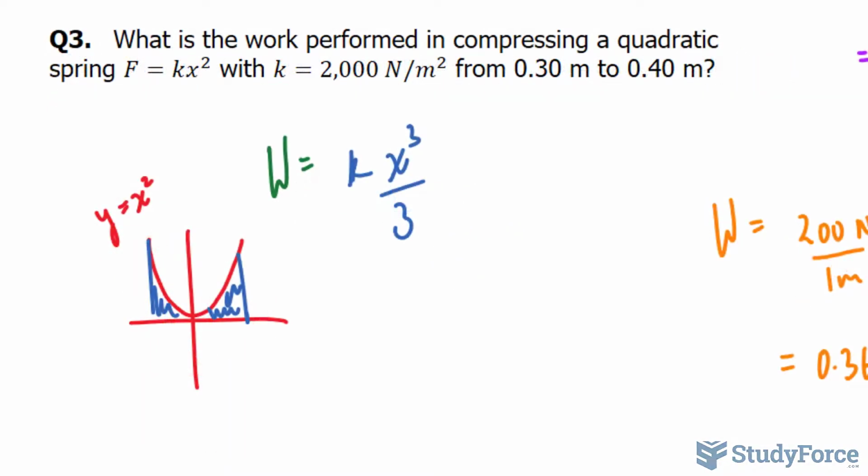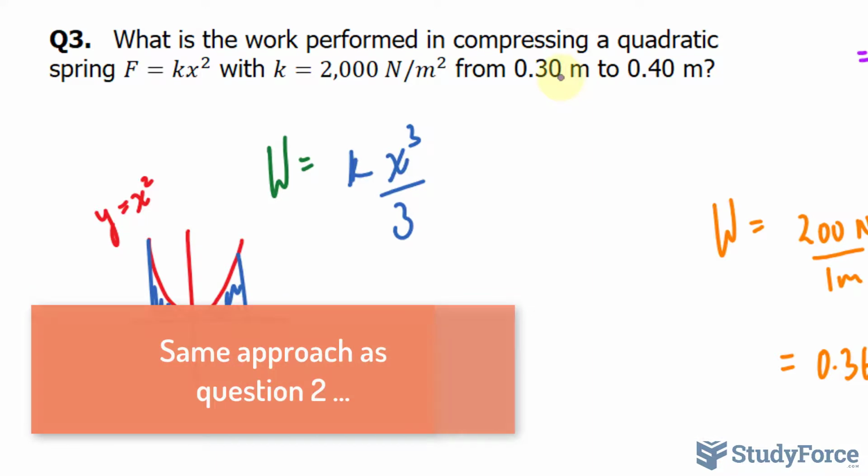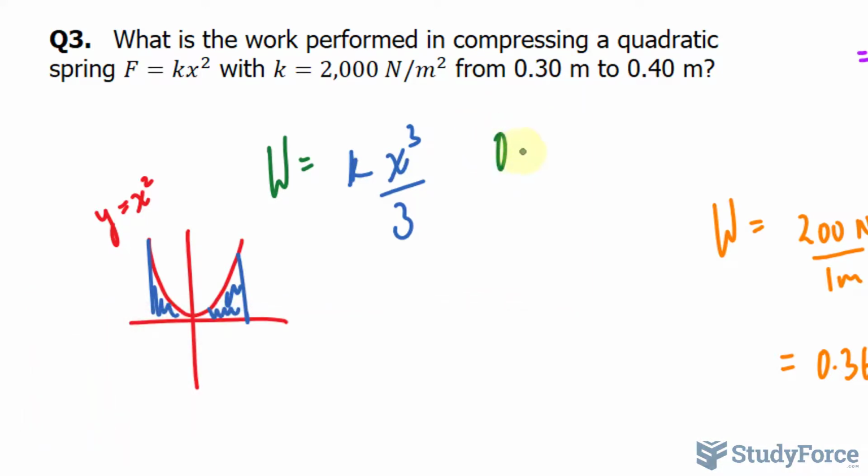Alright, from here our strategy is to find out the amount of work from 0 to 0.40 and find the amount of work from 0 to 0.30 and subtract those two numbers. So first we'll find out from 0 to 0.40 meters of displacement, and then again 0 to 0.3 meters, then subtract this value from the bigger value.